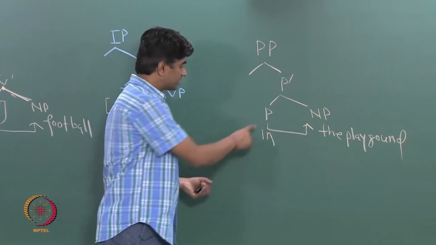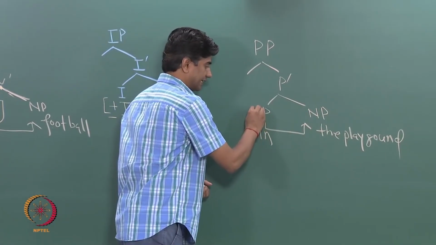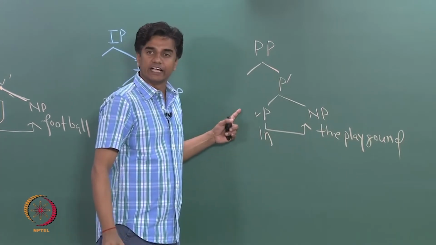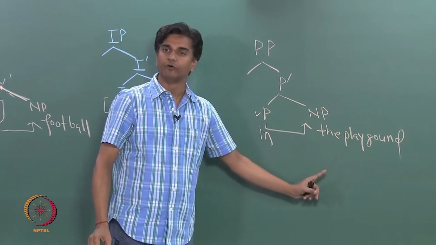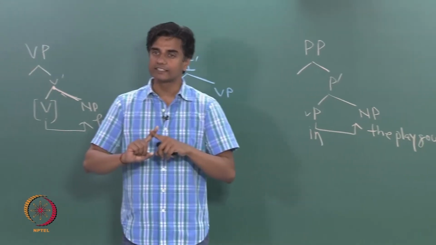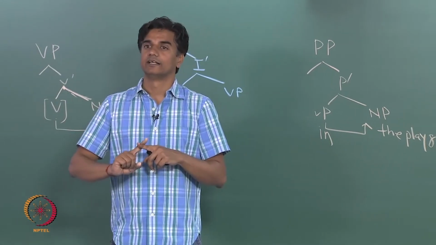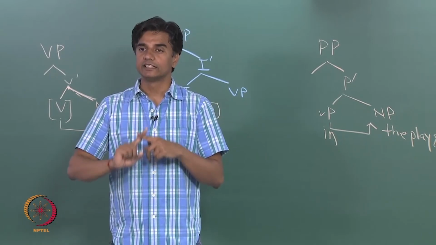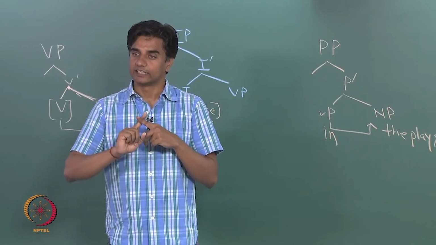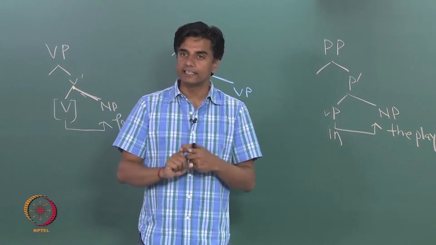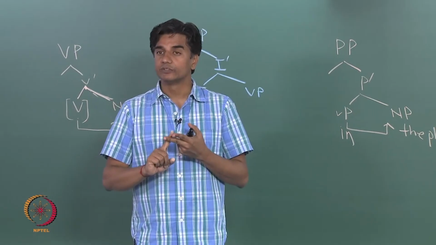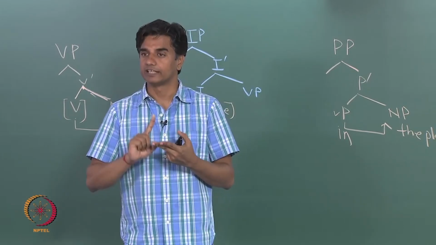Okay? So this P is a governor, it governs this NP and it C commands this NP. Therefore, we say prepositions and verbs are governors, they are heads, and they assign accusative case with the notion of government and C command.